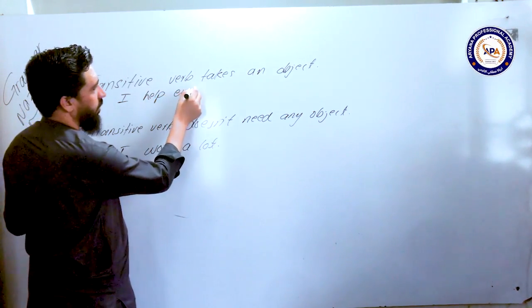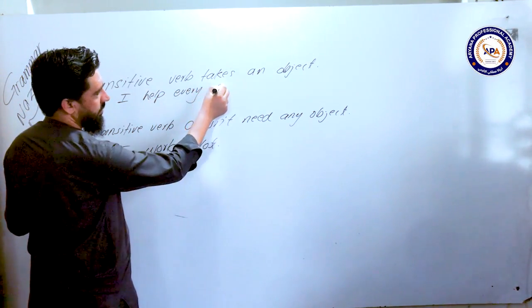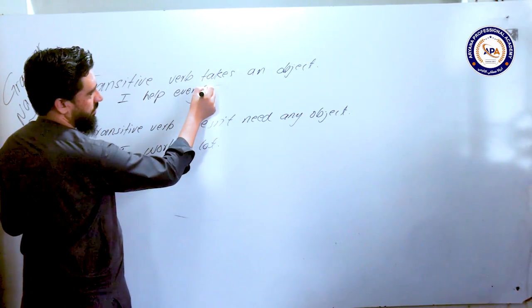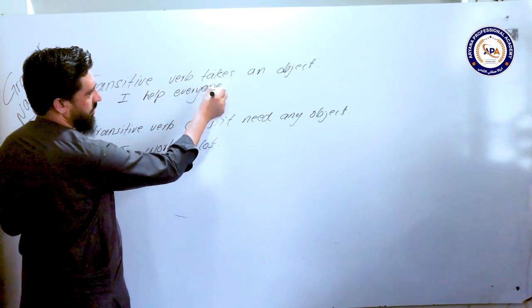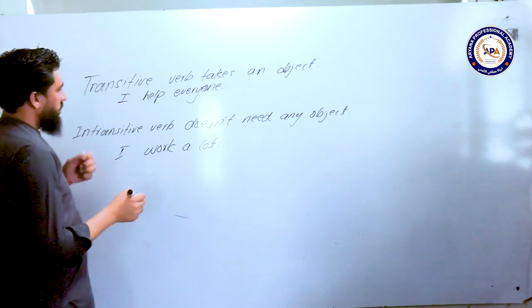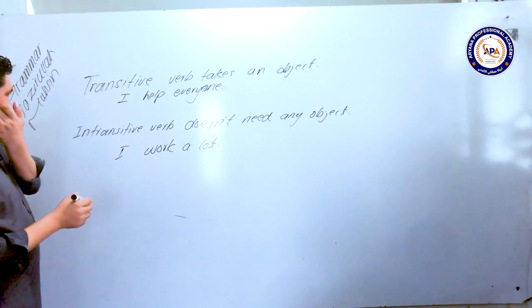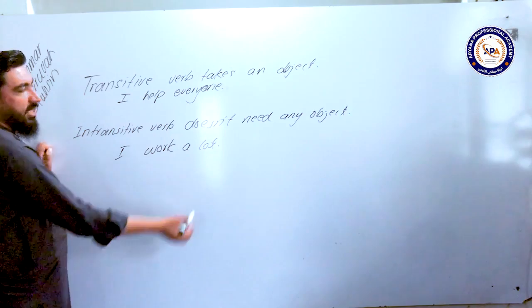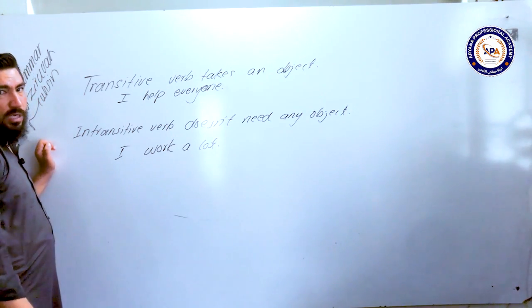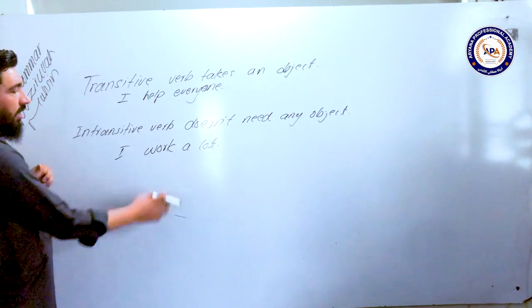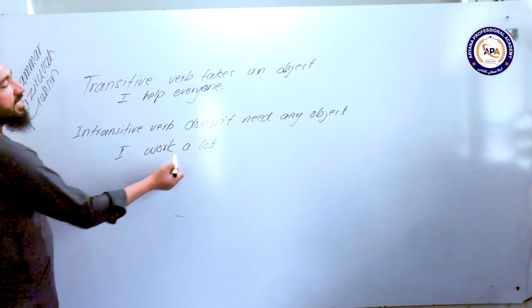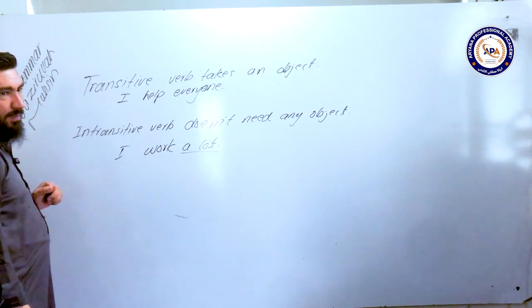I help everyone. Here in this sentence, there is no object. We already talked about an object in the sentence. So, I work a lot. In this sentence, a lot is an adverb.